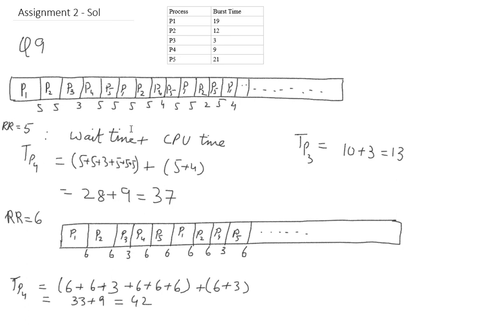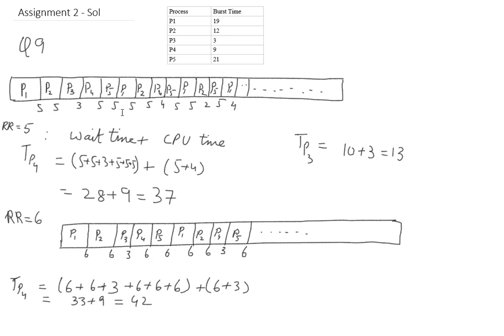So for the wait time of each process, we will see for P1, the first wait time was 0, but then after 5 you can see that before finishing P1, it finished here. So how much time has it waited? Sorry, I'm doing it for P4, it's not for P1.